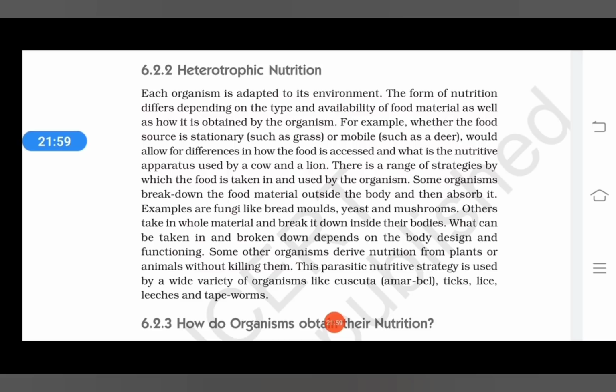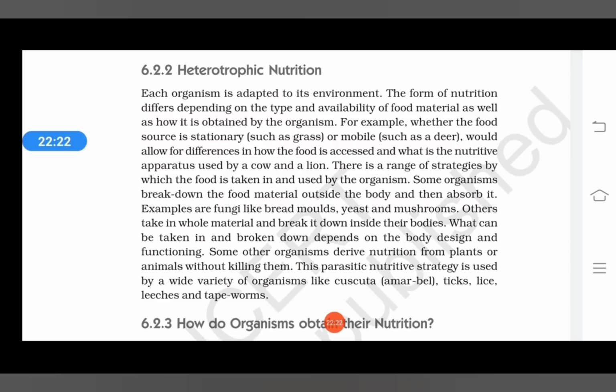There is a range of strategies by which food is taken and used by the organism. Some organisms break down the food material outside the body and then absorb it. Example, fungi like bread molds, yeast, mushrooms. Others take in the whole food material and break it down inside their bodies.